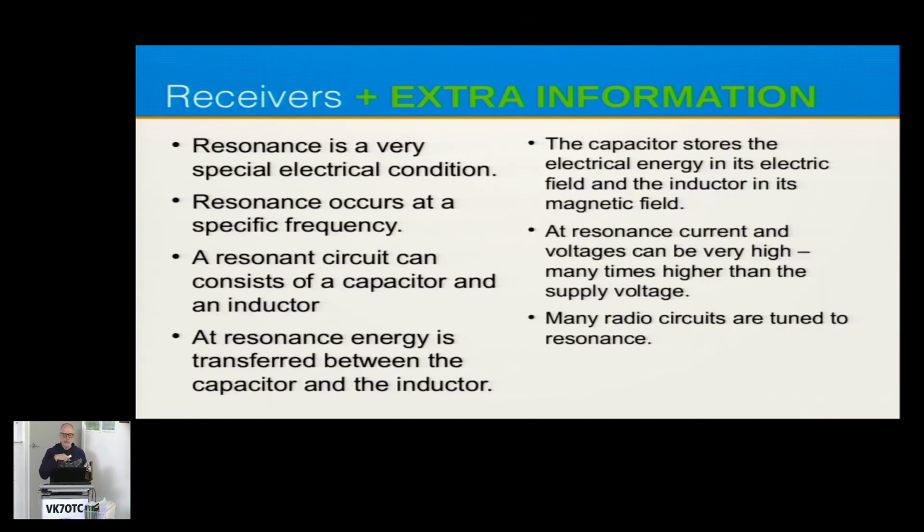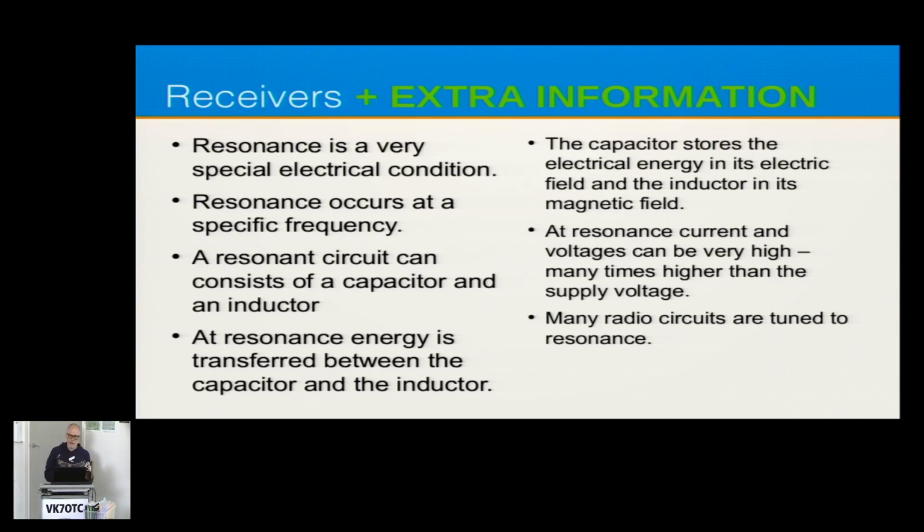And resonance, if you go on to standard and advanced, they go into this in a lot of detail. Resonance is a really special electrical condition, and thank goodness somebody discovered this, because this is what basically radio is all about.